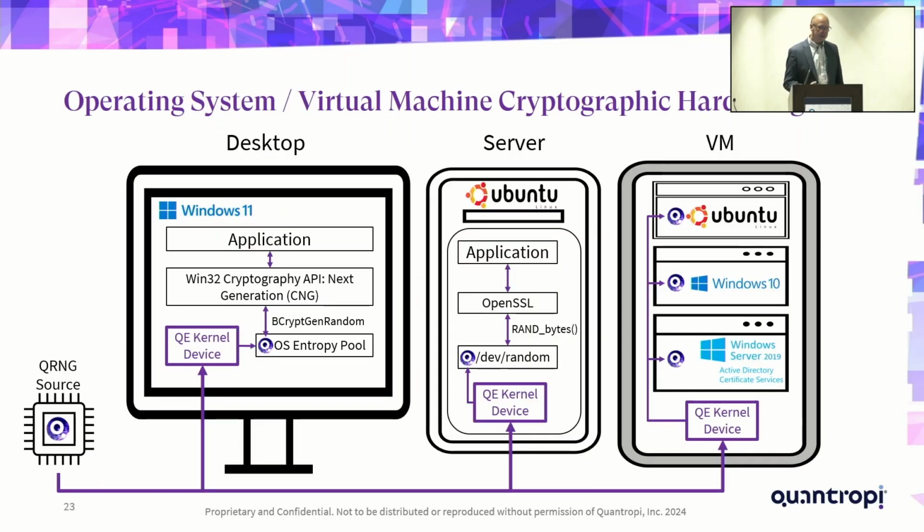Another strategy is to start to look at actually injecting it below the operating system, at the kernel level, into the entropy pools of the underlying device. In particular, this pattern is really strong for virtualized environments. And a tip of the cap to Red Hat, because they actually published the guidelines on how to do this effectively.